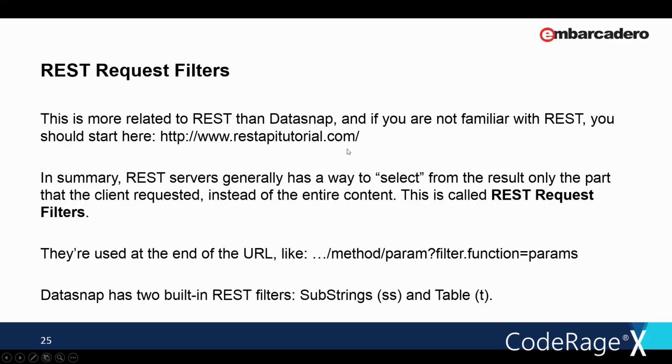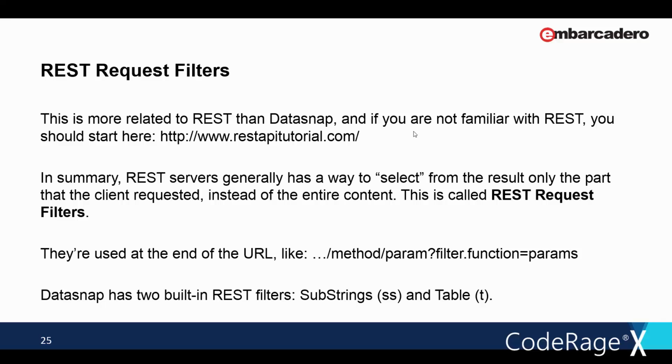In summary, REST servers generally have a way to select, from the content that will be sent to the client, which part of it will be sent. And this is called REST request filters, a way to filter, to select from the content what will be sent.